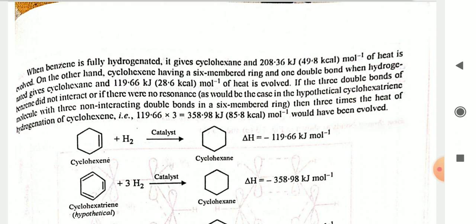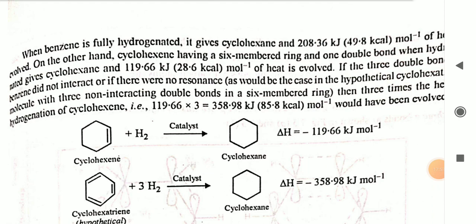When benzene is fully hydrogenated, it gives cyclohexane and 208.36 kilojoule or 49.8 kilocalorie per mole of heat is evolved. On the other hand, cyclohexene, having a 6-membered ring and one double bond, when hydrogenated gives cyclohexane and 119.66 kilojoule, 28.6 kilocalorie per mole of heat is evolved.